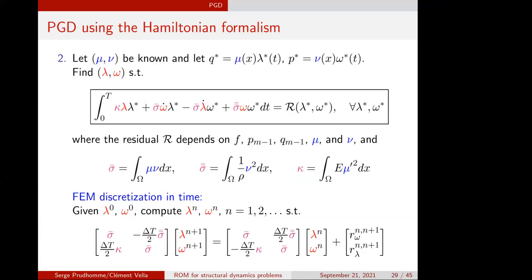As before, we are going to use piecewise linear for the trial functions and constant for the test function. And this is the system that we obtain. This system is essentially very similar to the one we had earlier. We have the correspondence between kappa and the stiffness matrix and the sigma here, where basically we had the mass matrix before.